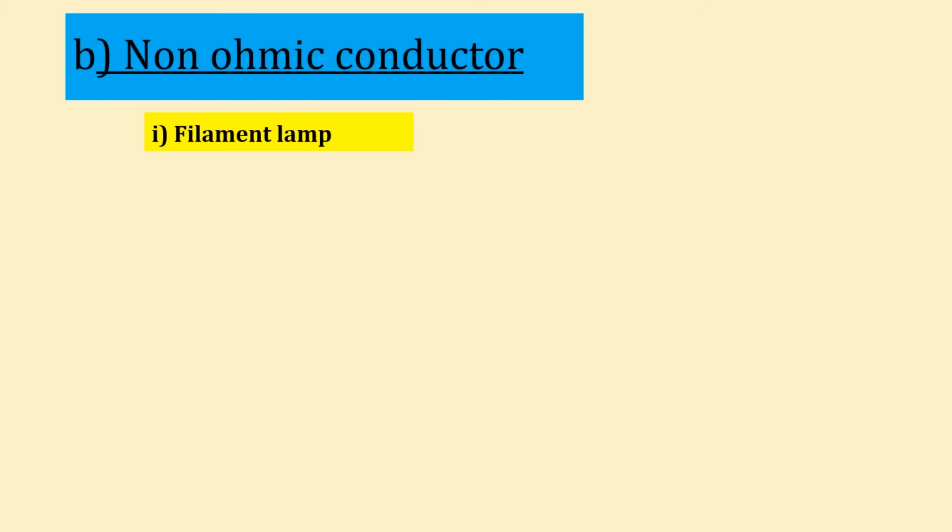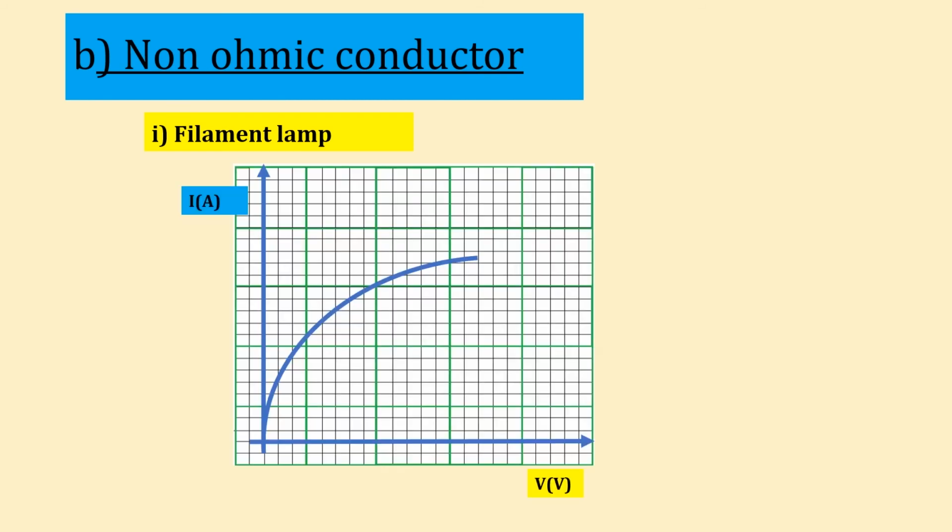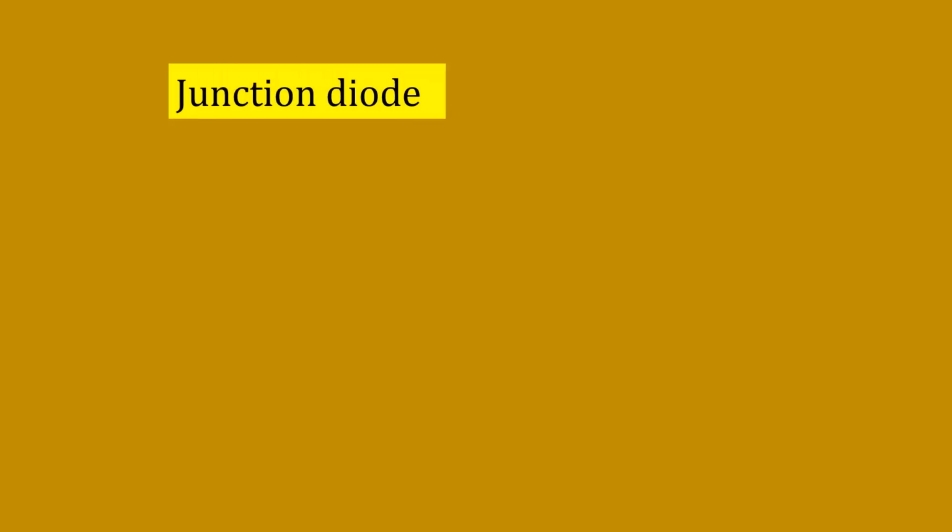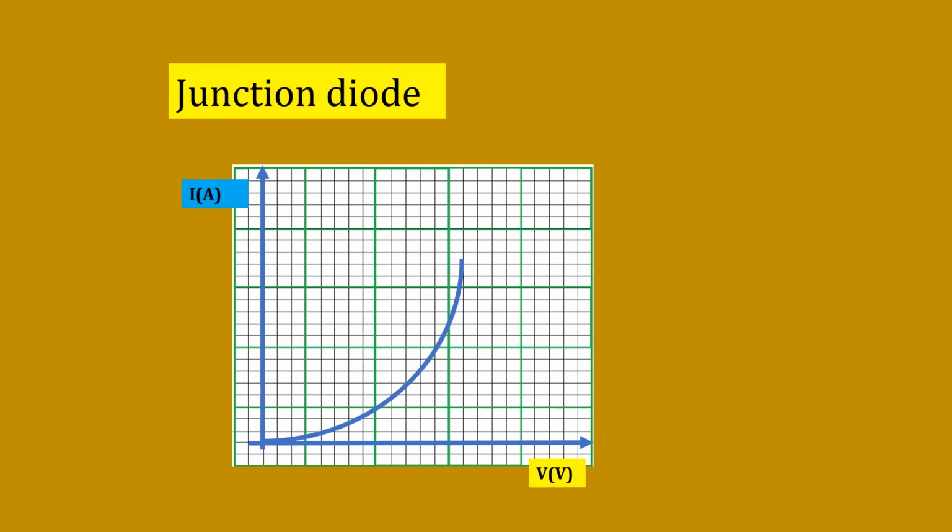First, let us look at that of a filament lamp. It takes that shape, and simply this means that current is not directly proportional to the PD. It increases but not with a uniform slope. Secondly, we look at the characteristic curve of a junction diode. This shows that as the current increases, the PD increases, but the two are not directly proportional.